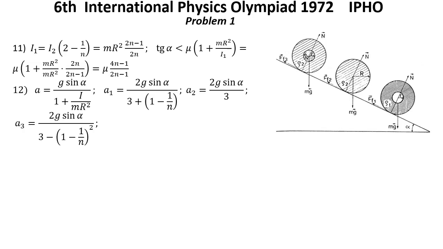The accelerations for the cylinders are a equal g sine alpha over 1 plus I over mR square, and in each case we have a1 equal 2g sine alpha over 3 plus 1 minus 1 over n, a2 equal 2g sine alpha over 3, and a3 equal 2g sine alpha over 3 minus 1 minus 1 over n squared.